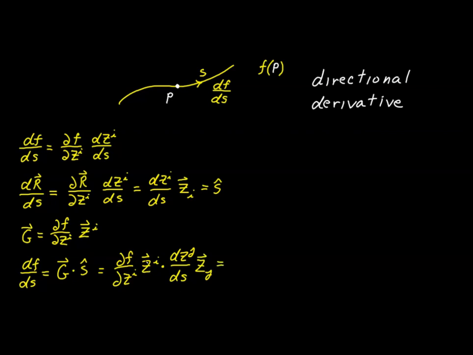Well, the dot product between zi and zj is nothing but the Kronecker delta, so we'll have the partial of f with respect to zi times dzj with respect to ds times delta ij, and the delta function will absorb the j index, leaving us with the partial of f with respect to zi times the ordinary derivative of zi with respect to ds.